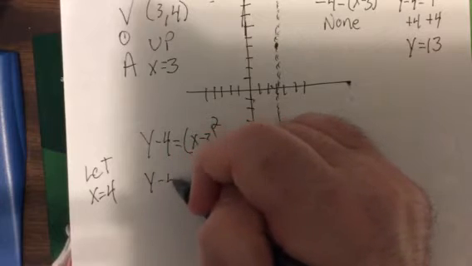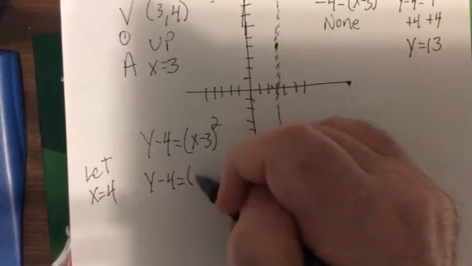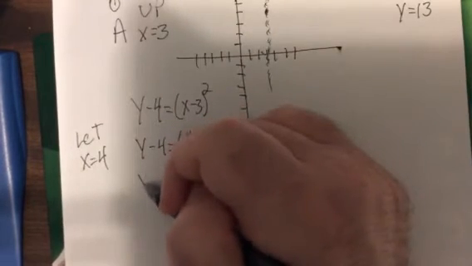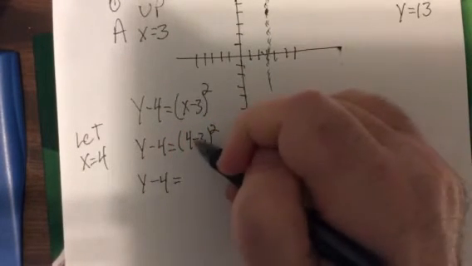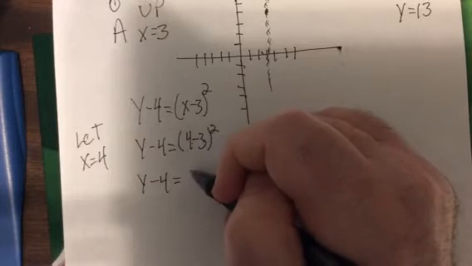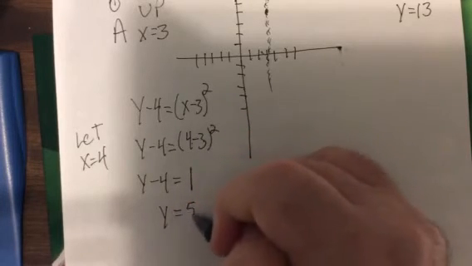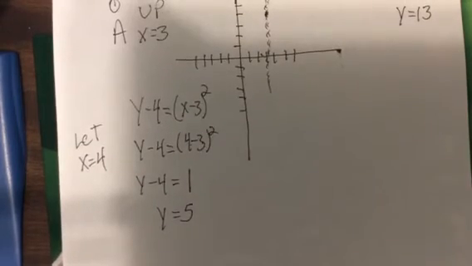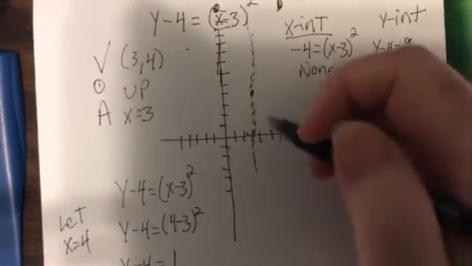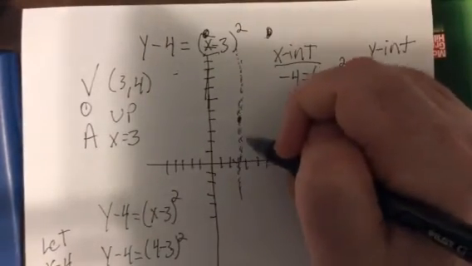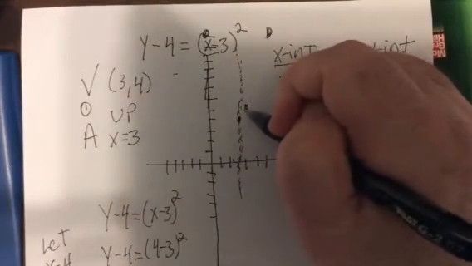So y minus 4 equals 4 minus 3 squared. y minus 4 equals 4 minus 3 is 1, squared is 1. So add 4 to both sides. So we would put a dot at 4, 5.